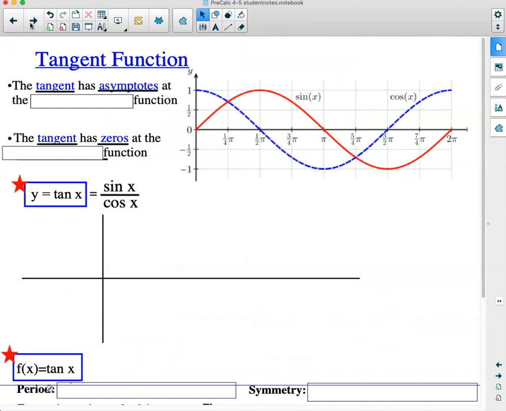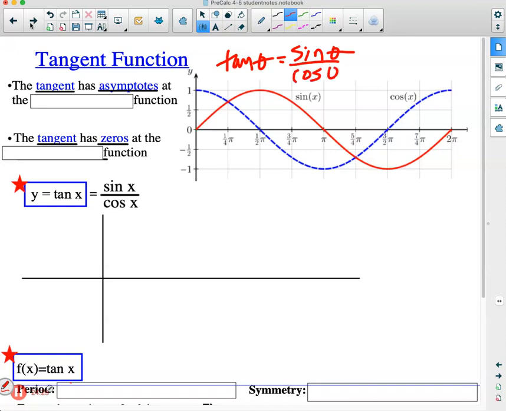Tangent function. Let's analyze this puppy. So tangent is sine of theta over cosine of theta. Because it's a fraction and we can't divide by 0, it inherently has issues. So I think, well, when does it have issues? It has issues when the cosine of theta is 0.